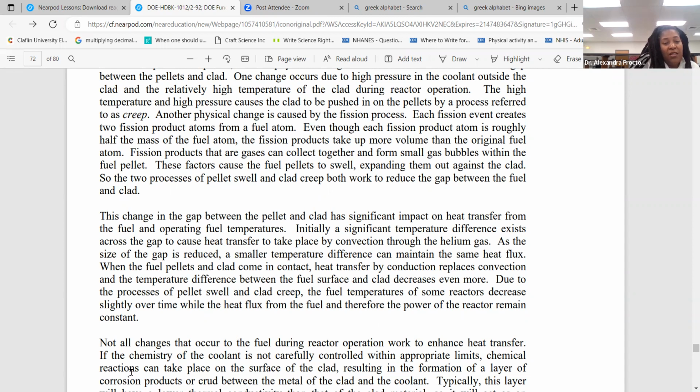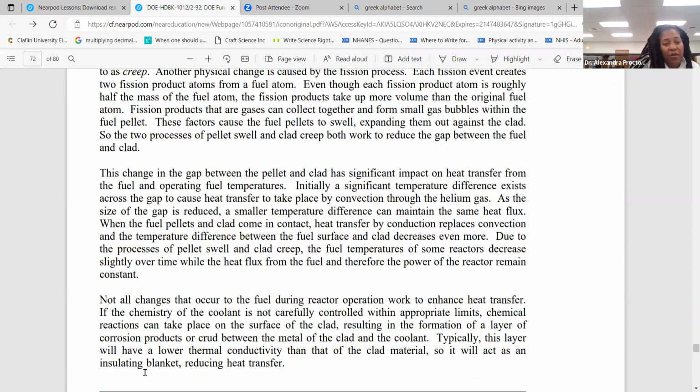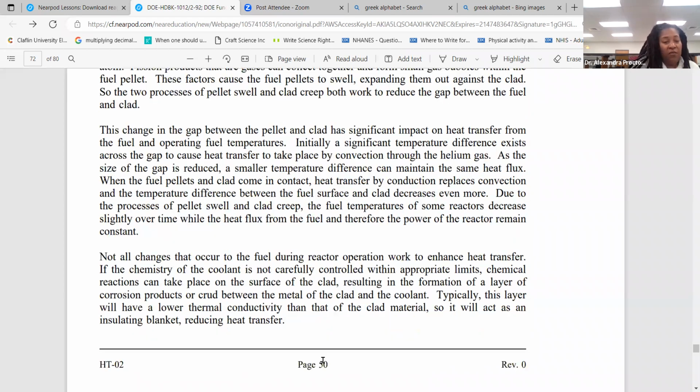If the chemistry of the coolant is not carefully controlled within the appropriate limits, chemical reactions can take place on the surface of the clad, resulting in the formation of a layer of corrosion or crud between the metal of the clad and the coolant. Typically, this layer will have a lower thermal conductivity than that of the clad material, so it will act as an insulating blanket, reducing heat transfer.